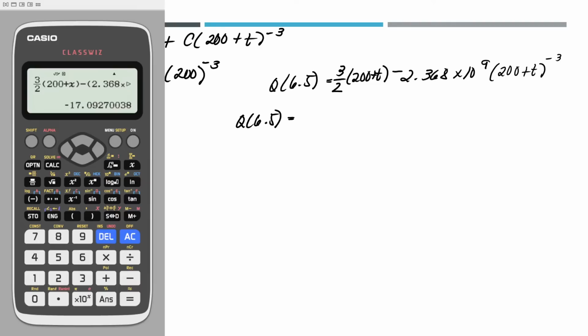So, we have, let me double check. So, let me redo, no? So, 3 over 2 times, let's do this carefully this time. So, there was a mistake earlier, no? Ayan. So, we have 200 plus x. Okay?